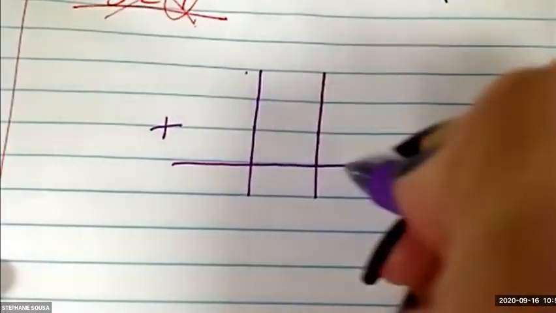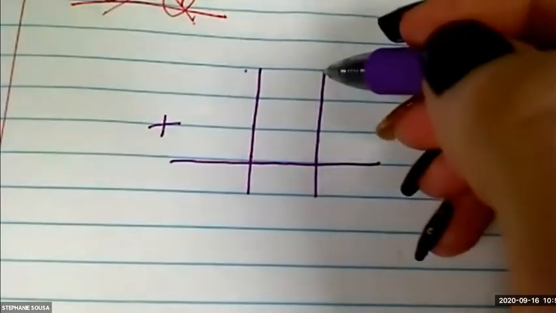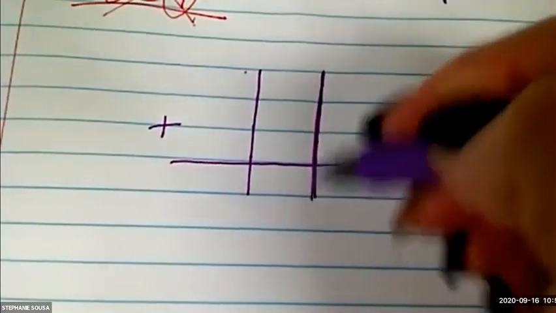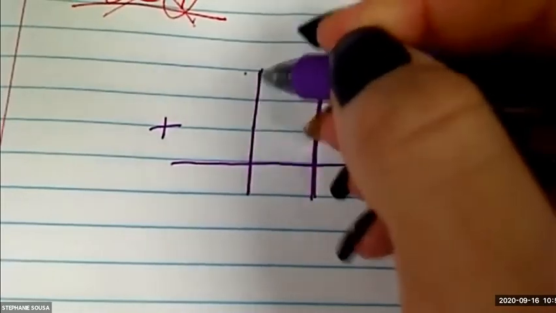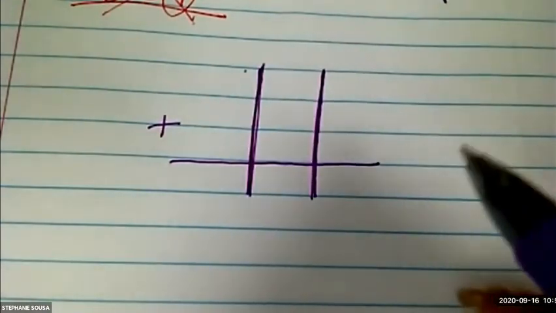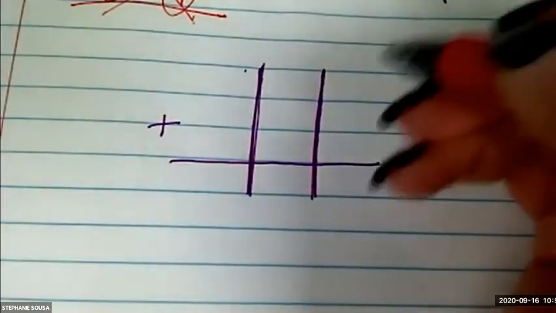Now I'm going to go ahead and create my addition symbol and my equals bar. And it's as easy as that. We've created ourselves a bracket to help keep our place values separate. Sometimes it's helpful to draw the bracket first, because then we have an exact place for our numbers, okay? So I'm going to now go ahead and fill this in with an equation that I'm going to make up.